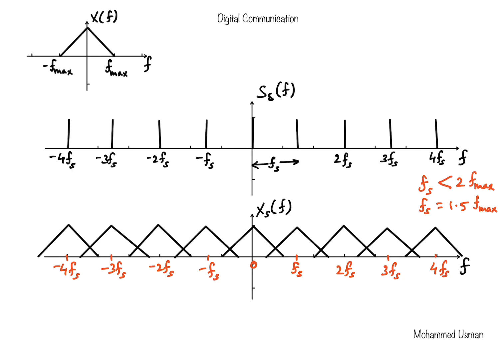Now, in this case, not only can a practical filter not recover the original spectrum, but even an ideal filter would not be able to do it without distortion. So even if we used an ideal filter, there would be recovery of the original part of the signal, but there are some frequency components which come under this triangle, the neighboring triangle.